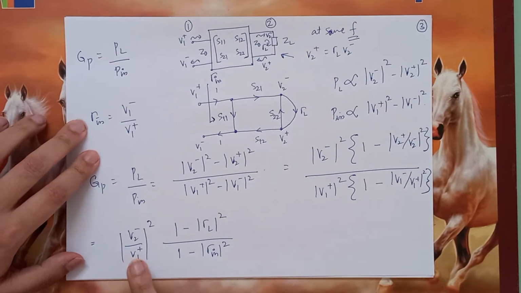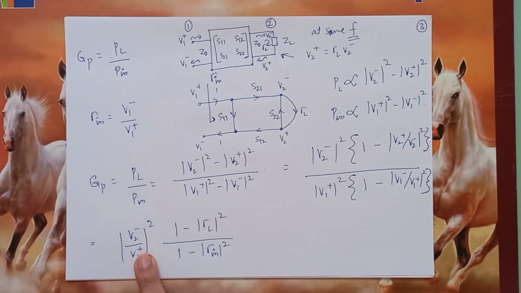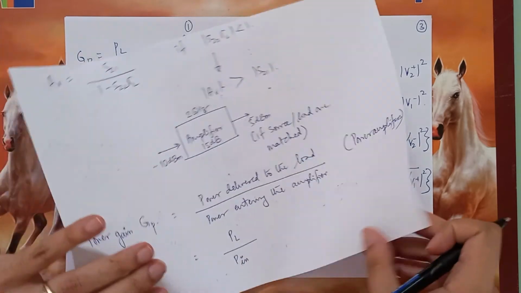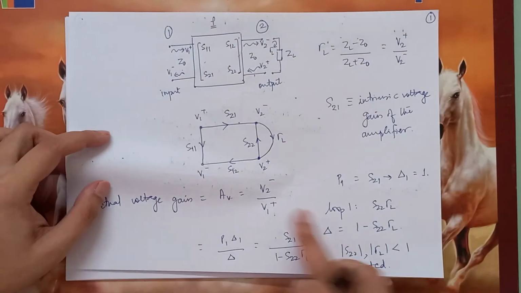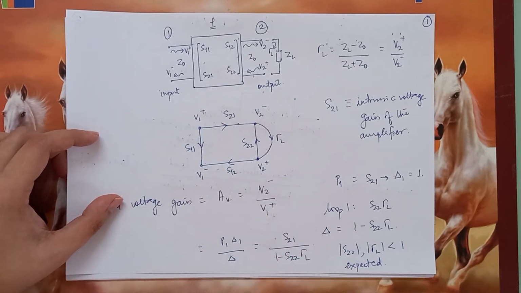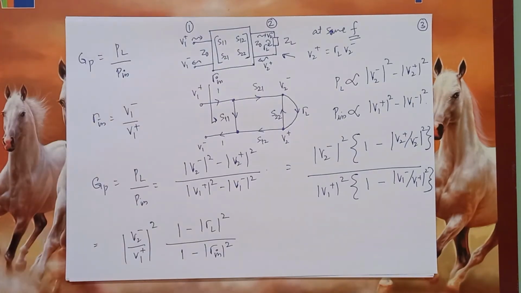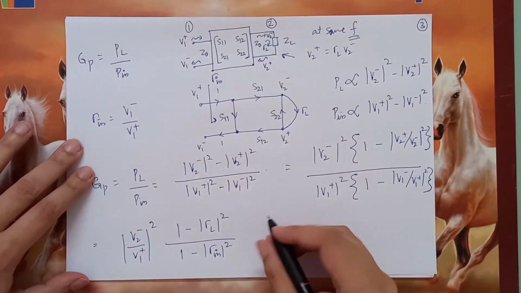Now, the only unknown that is remaining is V2 minus by V1 plus. But why should that be an unknown? We already derived that it is nothing but the voltage gain, V2 minus divided by V1 plus. So we can replace this quantity with the voltage gain quantity that we have derived.